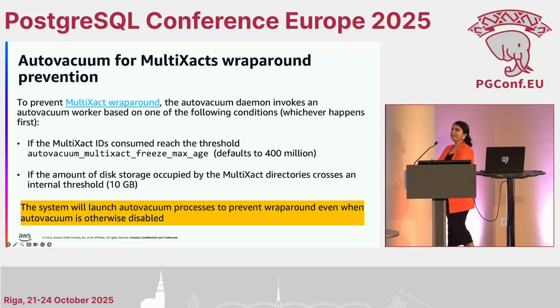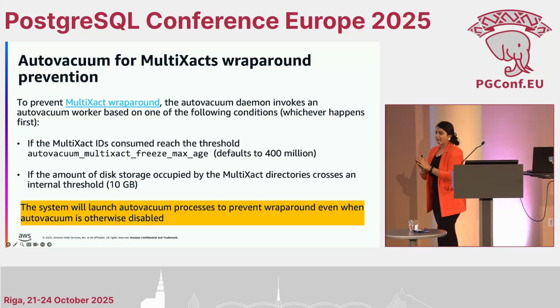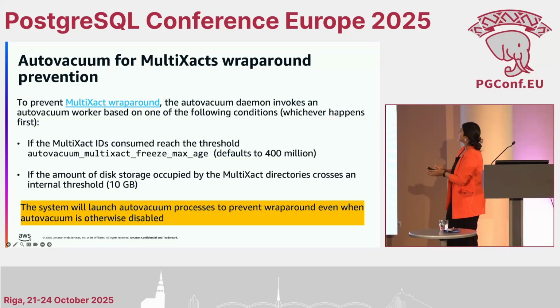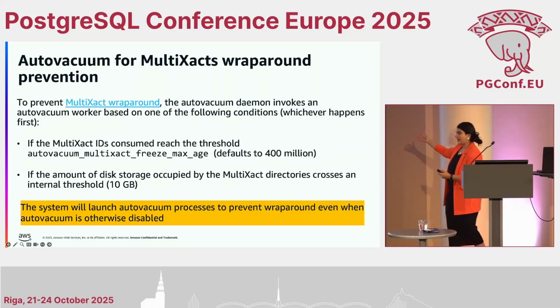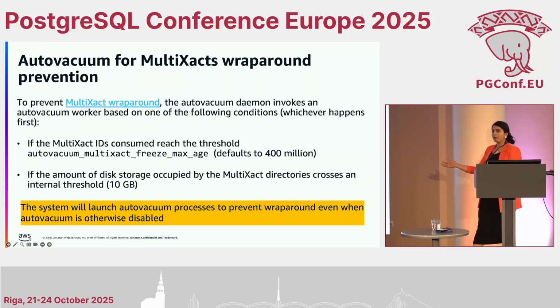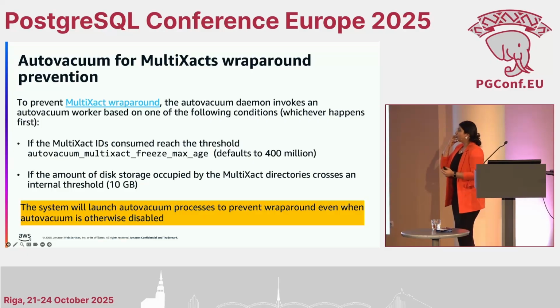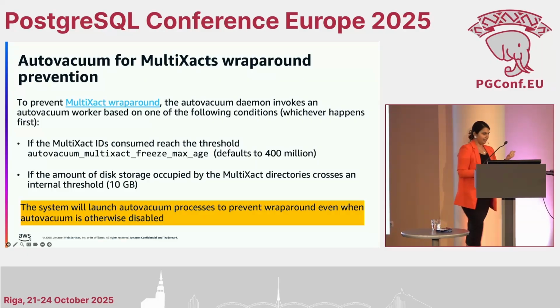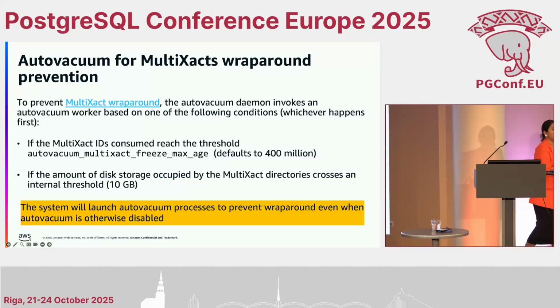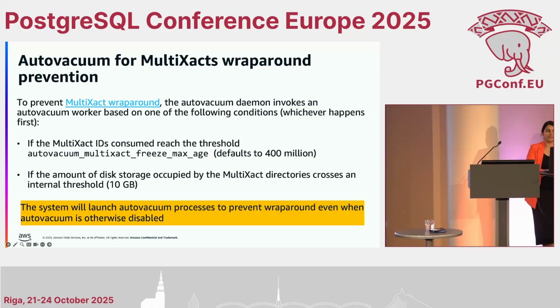Like standard auto vacuum for standard transaction IDs, auto vacuum also works to prevent MultiXact wraparound. How does it work? You know the autovacuum_freeze_max_age, right, which I showed in the beginning as well. It is by default set to 200 million, and it is for standard transaction IDs.